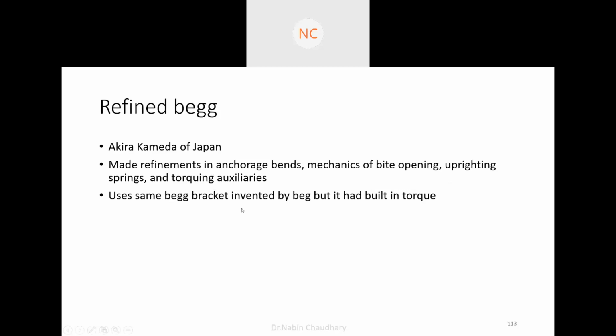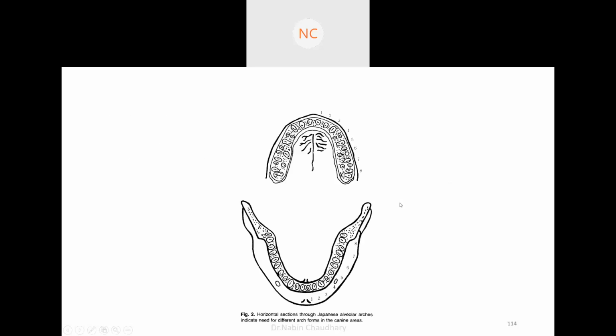And they also modified the bracket in such a way that they had the torque built into the Begg bracket. So generally, Kameda modified the bracket in order to suit the population of Japan. The Japanese population had a different arch shape, and the buccal width of the canine was more than in the Caucasian population.